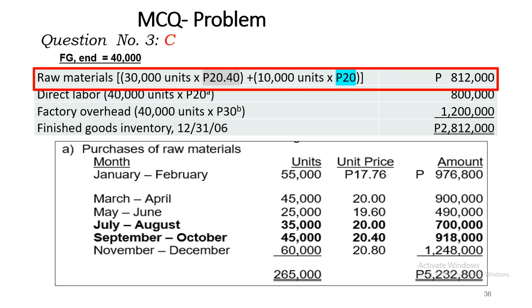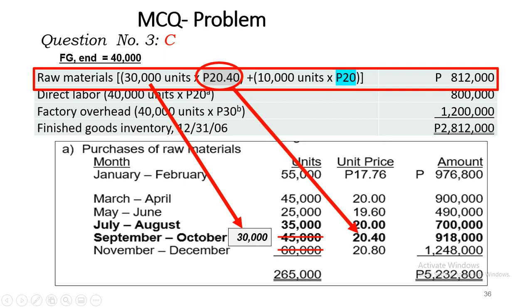Take note that the first 60,000 was already exhausted, so 45,000 of this one was already used earlier, 20,000 and 15,000. Therefore, there is still a remaining 30,000 as the raw materials based on the 20.40 price.